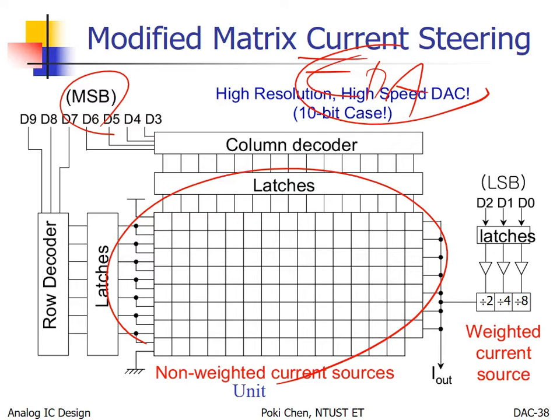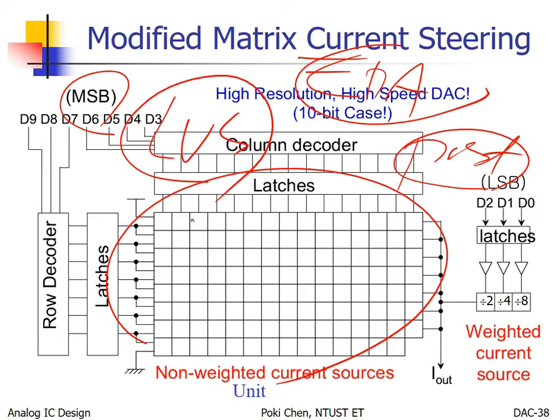Otherwise, I don't think you can make it, even for post simulation, because you will get a lot of errors in your LVS, layout versus schematic. You need to spend years to make it. It doesn't make any sense. However, with the help of EDA tools, you can make it maybe within minutes. That is the difference between humankind and computers.